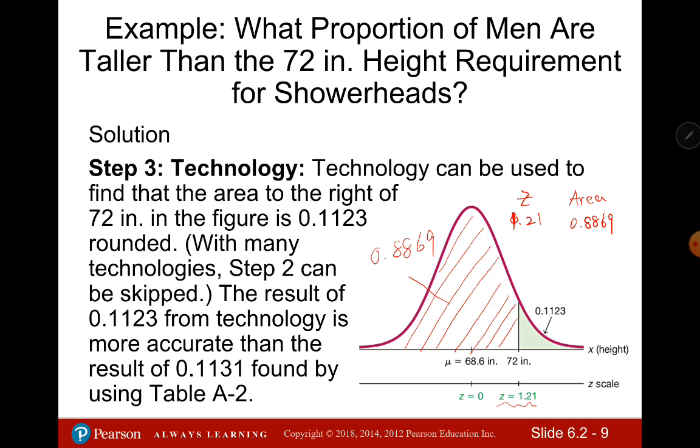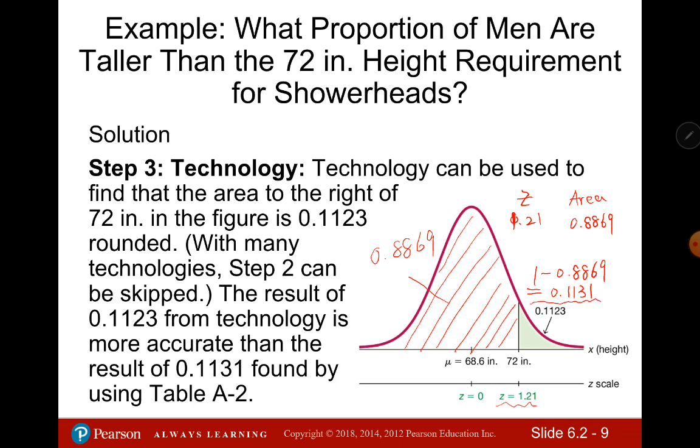part, right? We know the total area under the curve is just 1. So we can use 1 total area minus 0.8869. The area to the left, total area minus the area to the left. We will definitely get the area to the right side. There is a small difference between these two values, because this one is from technology.